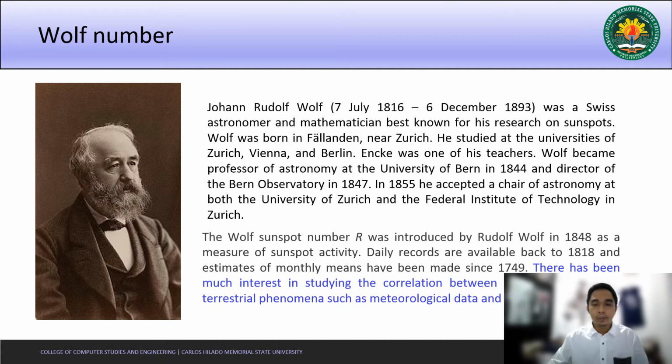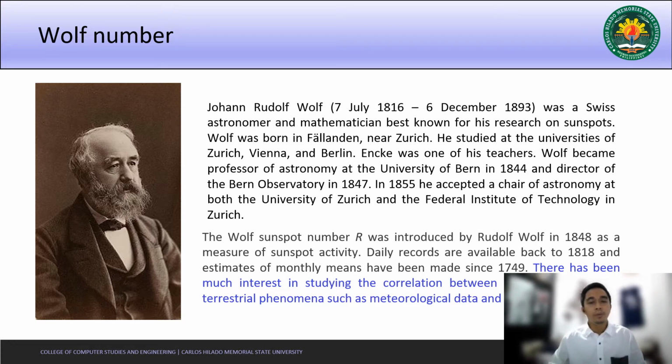He became professor of astronomy at the University of Bern in 1844 and director of the observatory in 1847. He accepted the chair of astronomy at both the university and the Federal Institute of Technology in Zurich.